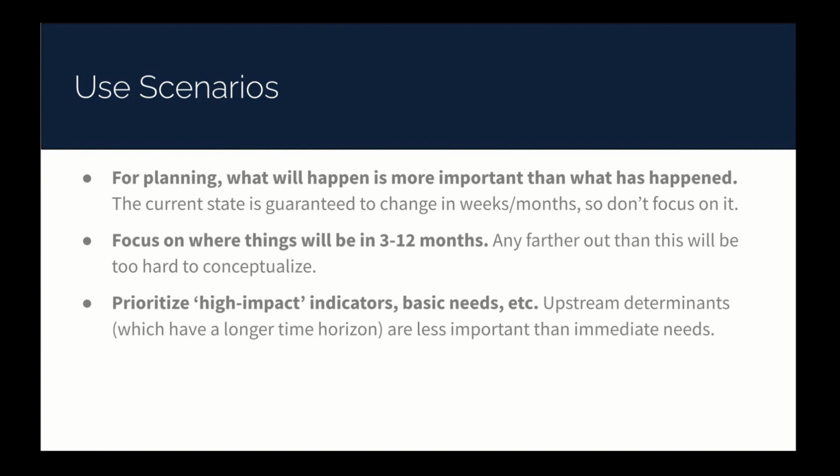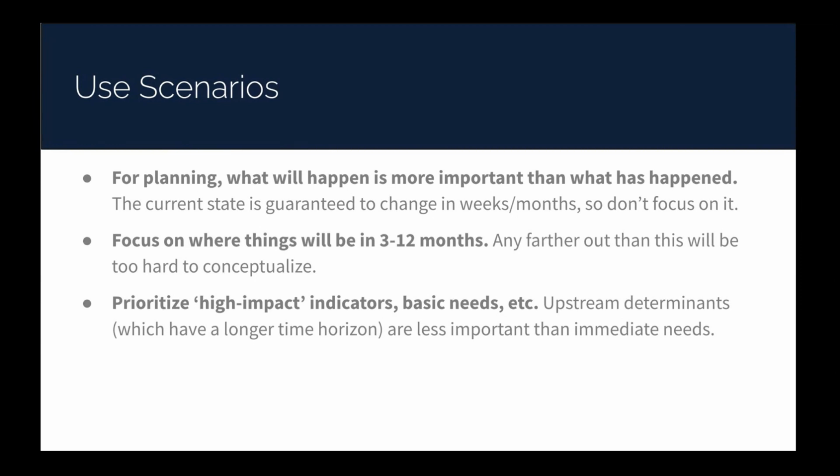A lot of needs assessments particularly have focused on upstream social determinants and some of these longer time horizon indicators. And now's probably a time to switch approach. Social determinants are really important, and we would argue that there are some social determinants that are more important right now than others.